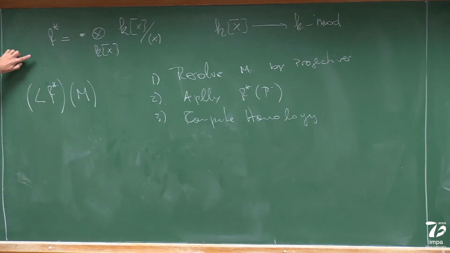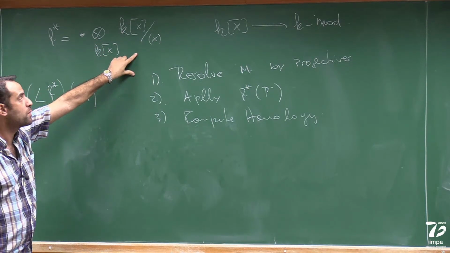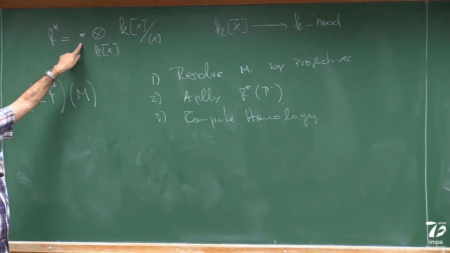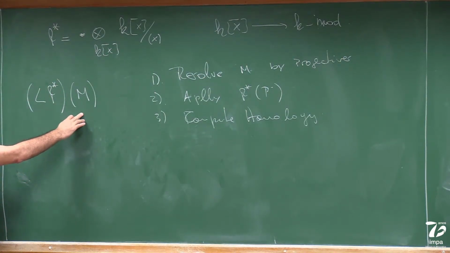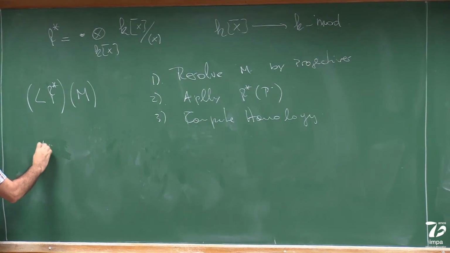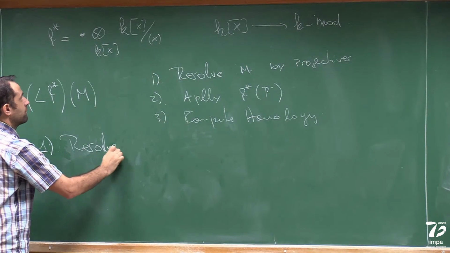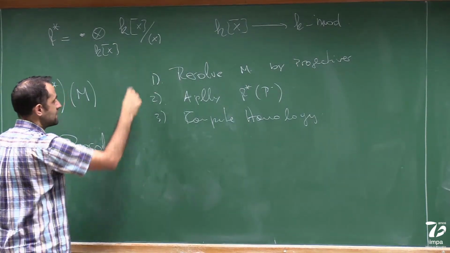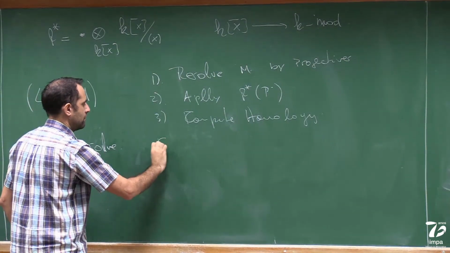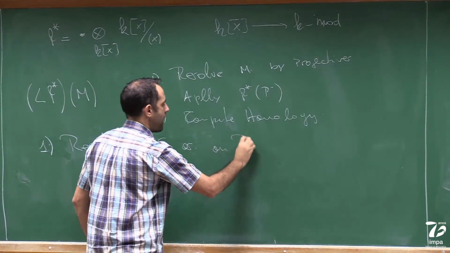But in this particular case, where this functor looks like a tensor product, we can resolve this guy instead of this guy. So another way of computing the same thing is, let me give you the procedure. One, resolve S. In this case, it's k[x] over S as an R-module.